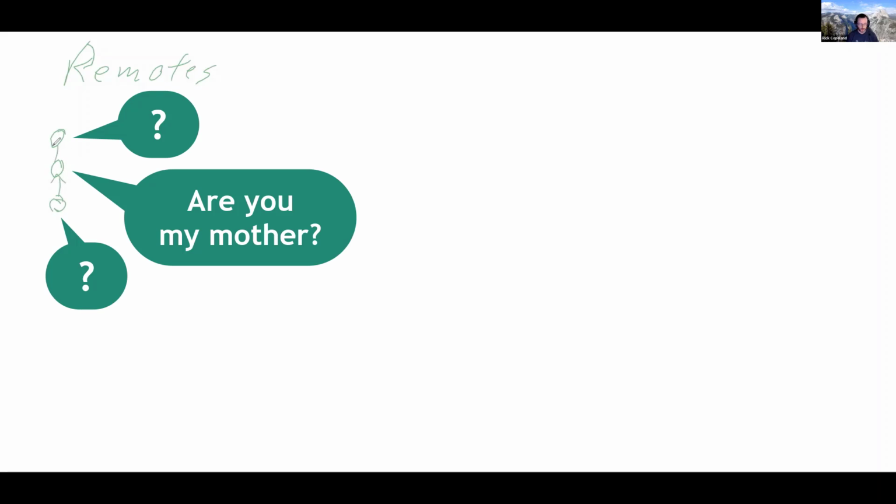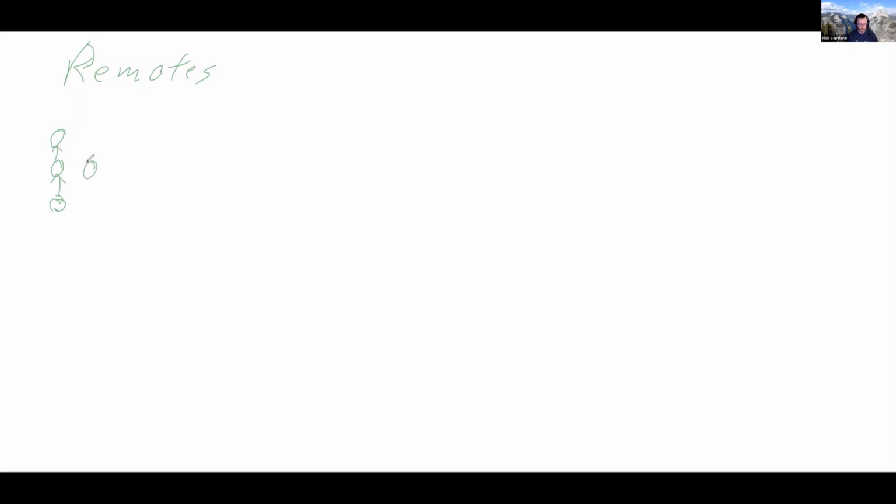Okay, so remotes. Last week we talked about Git and how it had these commit objects which pointed to their parents. And sometimes we had two commits that would branch off from a single parent.